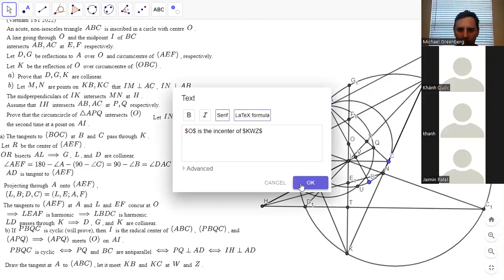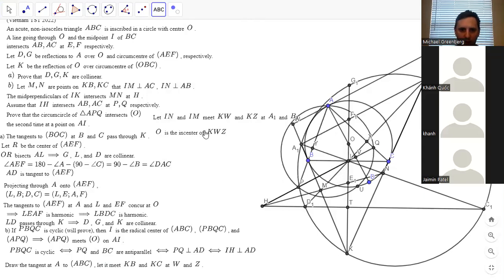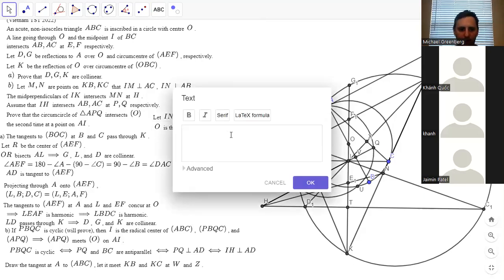And it's not hard to show that KA1B1 is homothetic to KWZ. I'll just say show this.